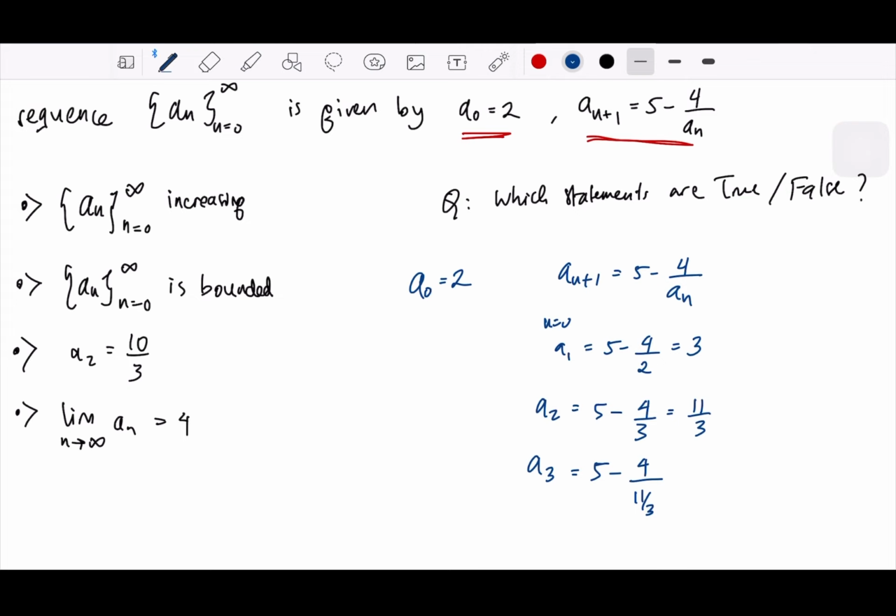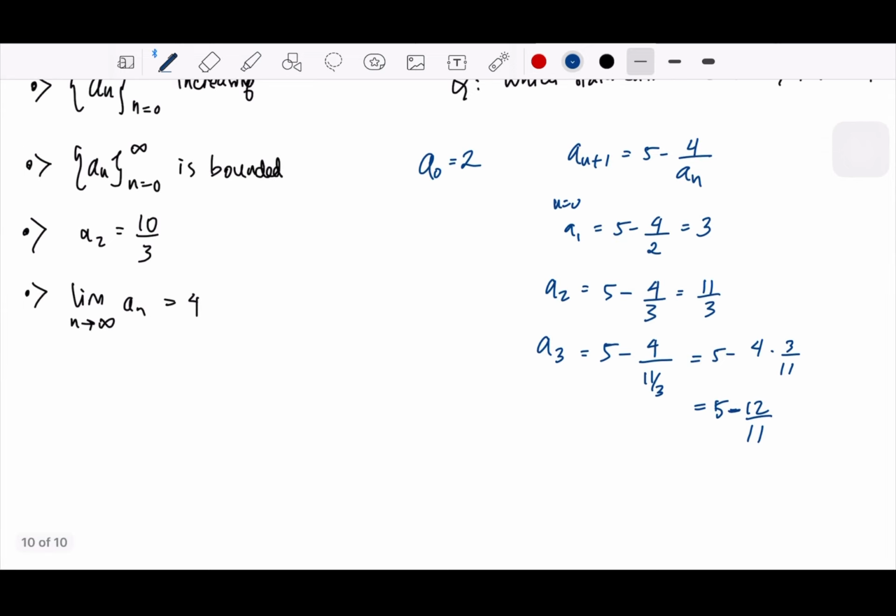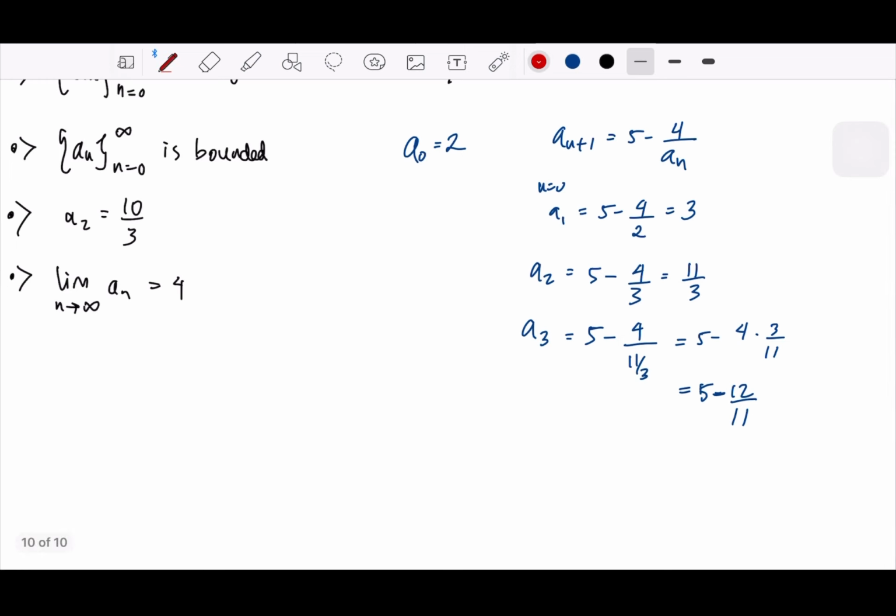So 5 minus 4 multiplied by 3 over 11. So this will be 5 minus 12 over 11.